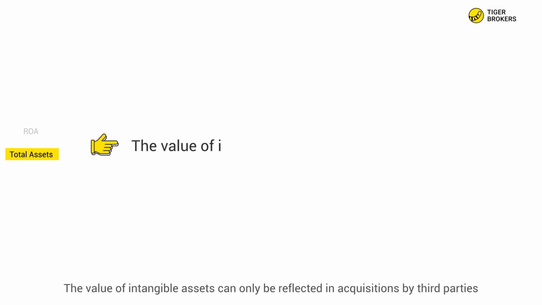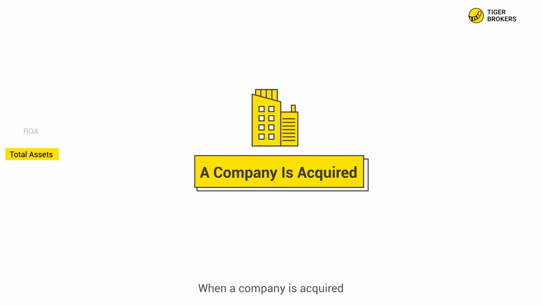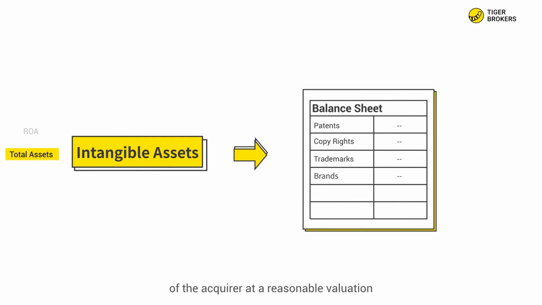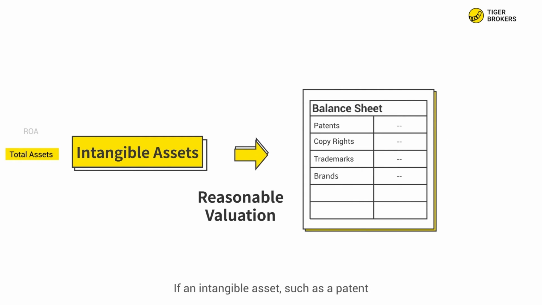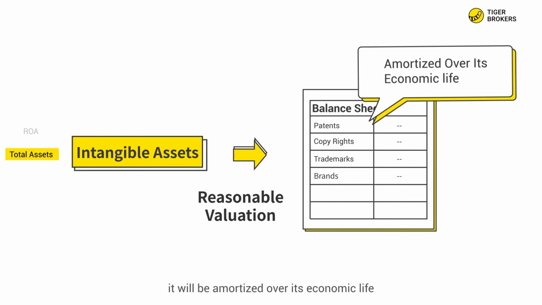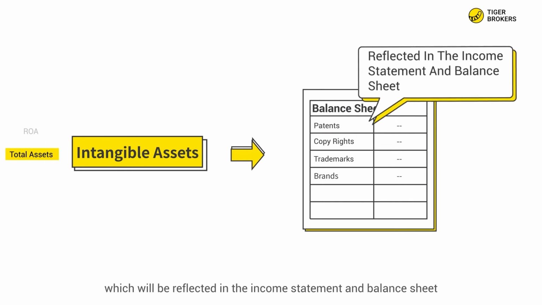The value of intangible assets can only be reflected in acquisitions by third parties. When a company is acquired, its intangible assets will be booked in the balance sheet of the acquirer at a reasonable valuation. If an intangible asset, such as a patent, has limited economic life, it will be amortized over its economic life, which will be reflected in the income statement and balance sheet.